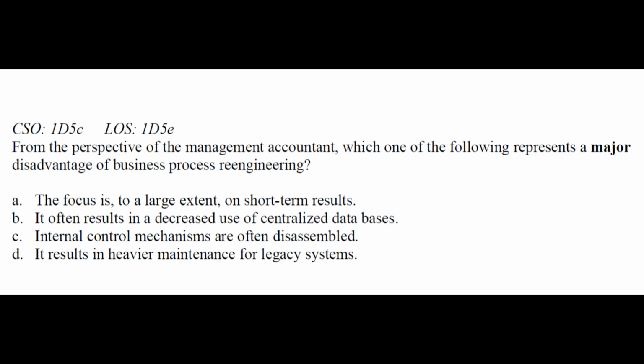Incorrect. BPR usually replaces or eliminates legacy systems rather than increasing their maintenance. Correct answer: C. A key disadvantage of business process reengineering is that it can disrupt or dismantle internal control systems, creating risks in monitoring, accountability, and financial governance from a management accounting perspective.